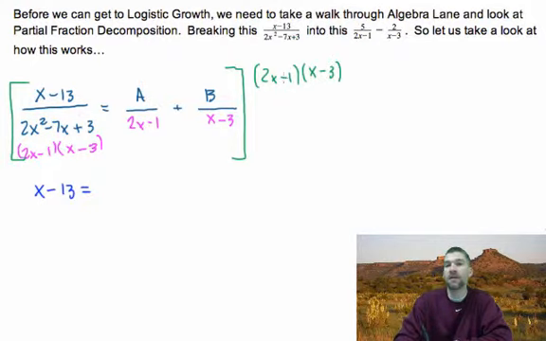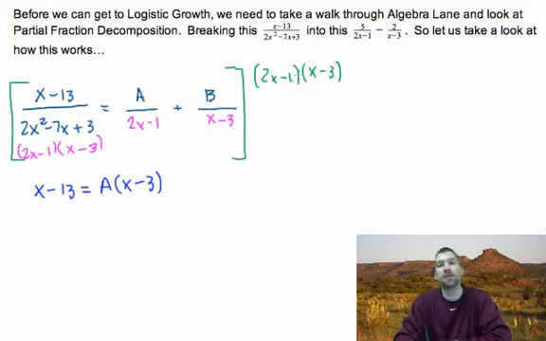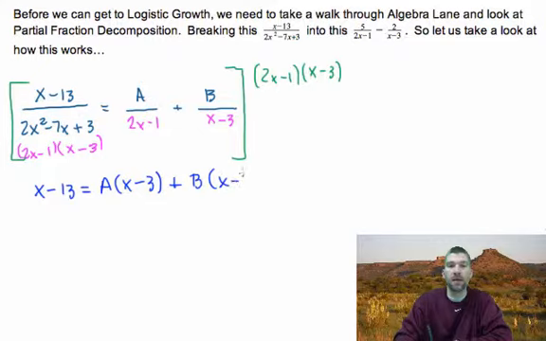And in this case, the 2x minus 1's cancel out, and I'm going to be left with A times (x minus 3). All right? And then B over x minus 3 times (2x minus 1)(x minus 3). So x minus 3 cancels out, and I wind up with B times (2x minus 1).